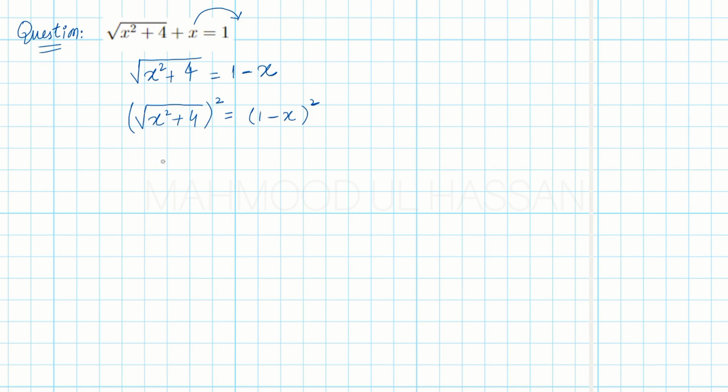So on the left side, the square and the square root cancel out, leaving us with x squared plus 4 is equal to, on the right side, we expand this binomial, so that would become 1 squared and then minus 2 times 1 and x, and then plus x squared.